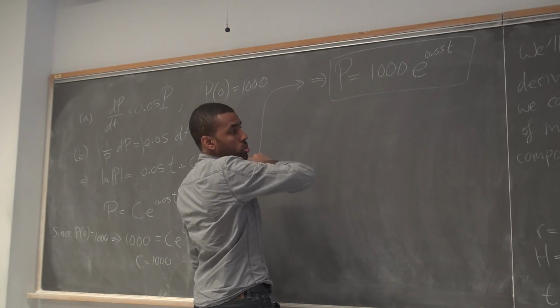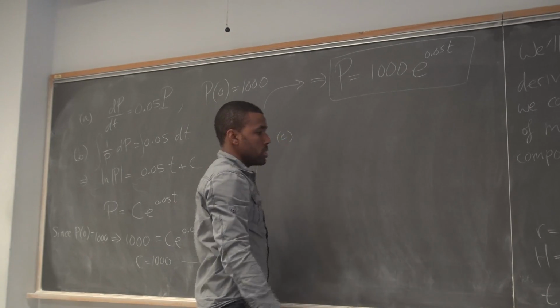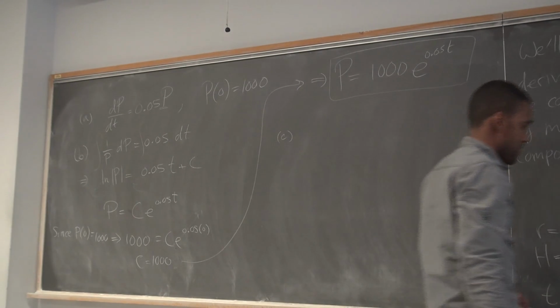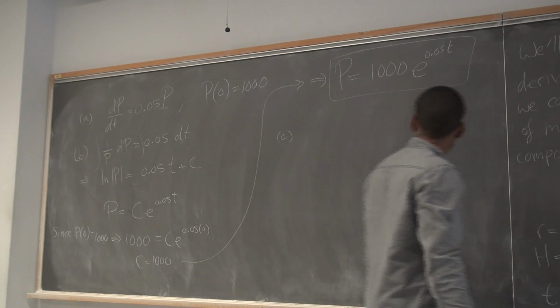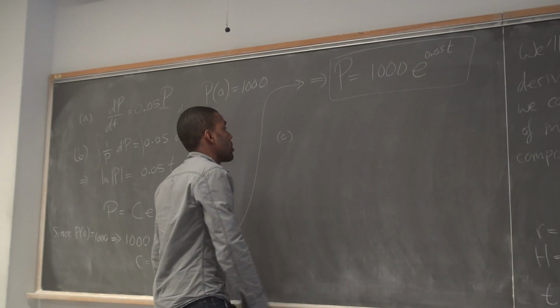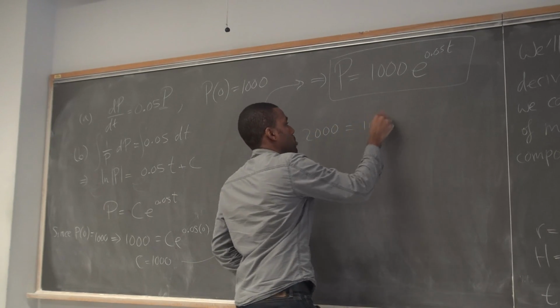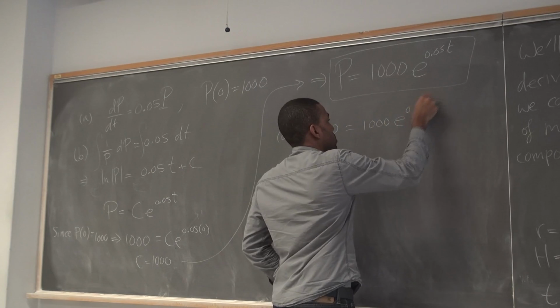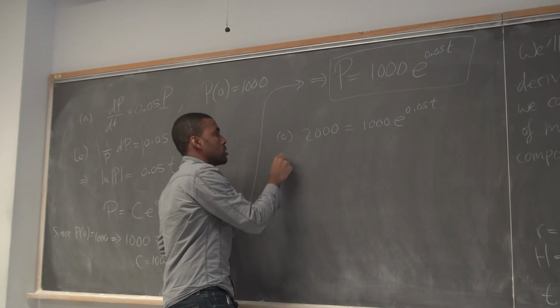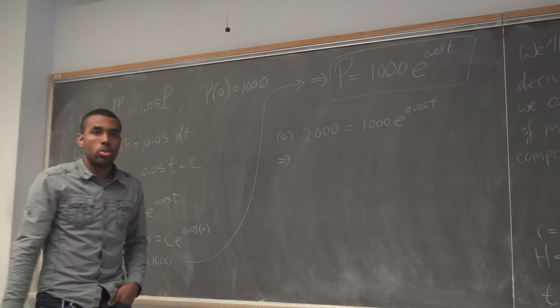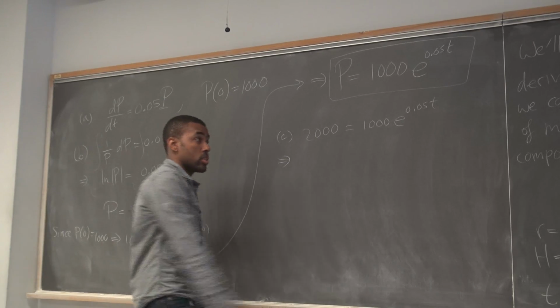Let's go to part C. How long will it take to double your money? So 2,000 equals 1,000 e to the 0.05t. Sure. So how would I solve this equation? Obviously I need to solve for t, right?